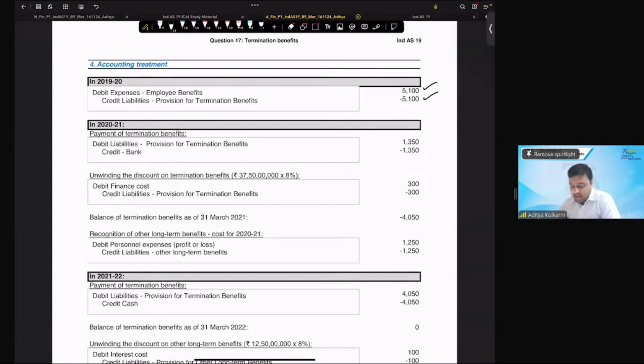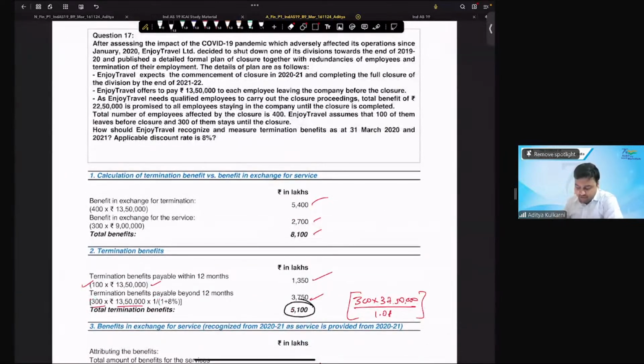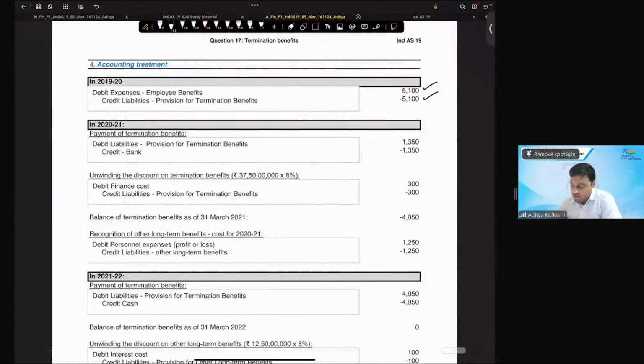Payment of termination benefits. First year, I have paid 1,350 payable within 12 months. So provision for termination benefits to bank 1,350. Next, I will unwind the discount in respect of termination benefits. So that comes to how much? 37 lakh 50.